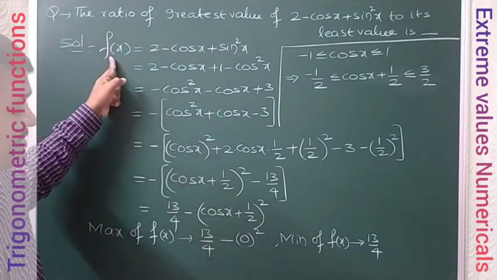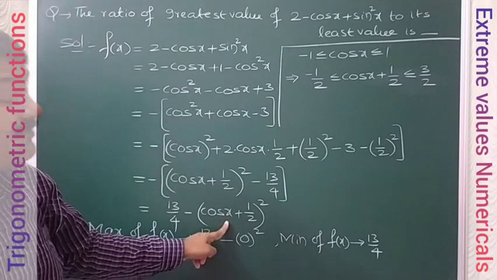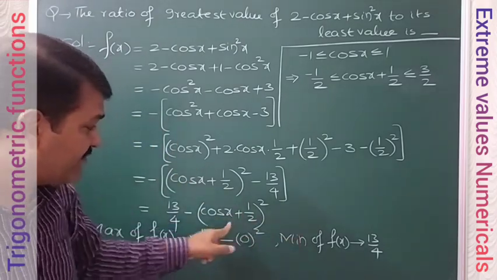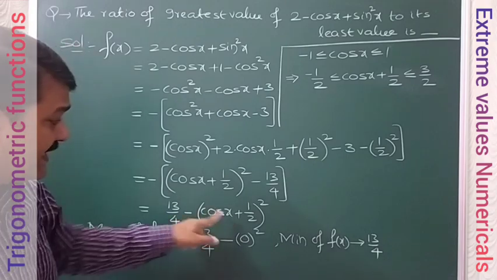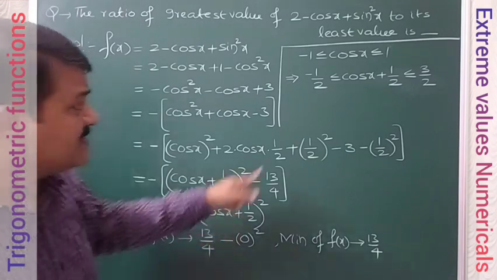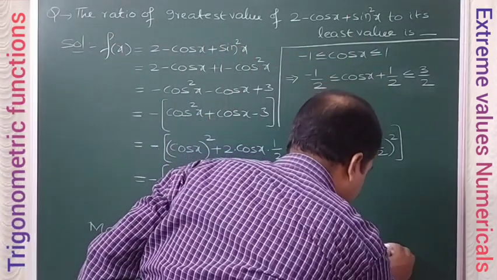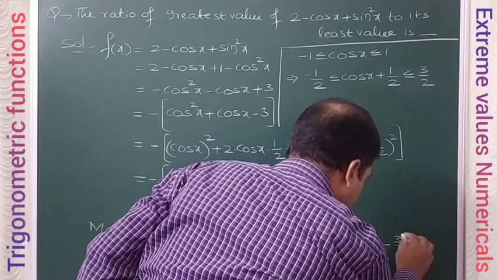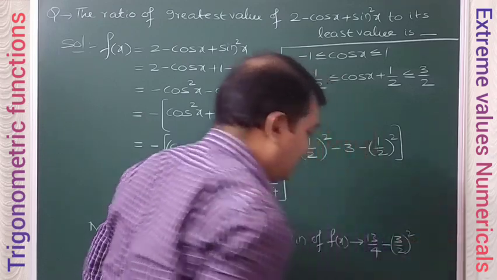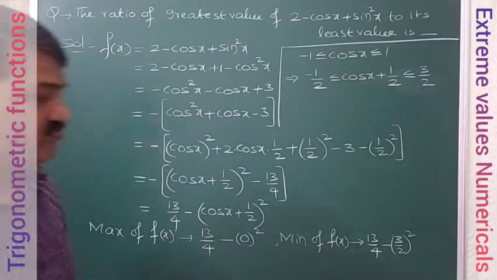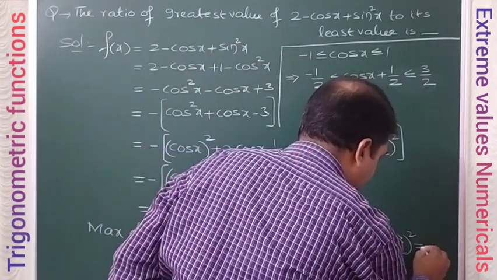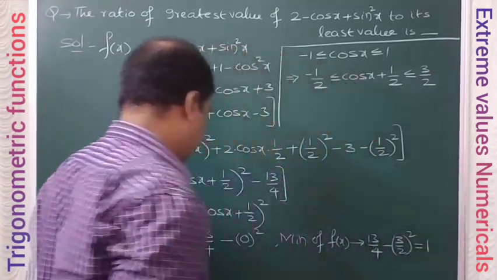So f of x is least when this is maximum. What is the minimum of f of x now? It is 13/4 minus the maximum of this, (3/2) squared. So this is 13/4 minus 9/4, that means 4/4, which is 1.